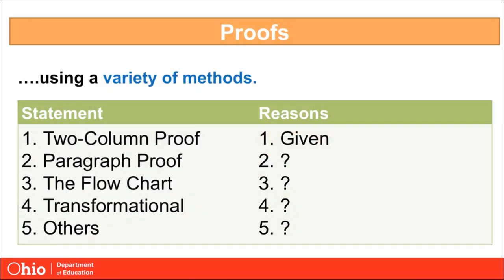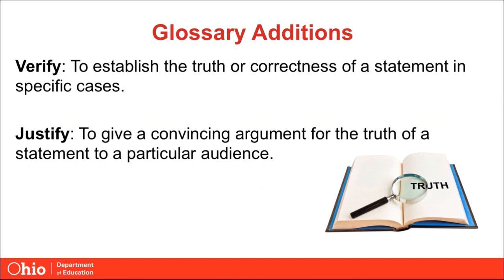Methods can include, but should not be limited to, the two-column proof. Some other examples of proofs could be a paragraph proof, a flowchart, a transformational proof, or a proof using dynamic geometry software. To clarify the concepts of proofs, the words verify, justify, and prove have been added to the glossary. They are denoted by the letter G and can be found in the glossary.